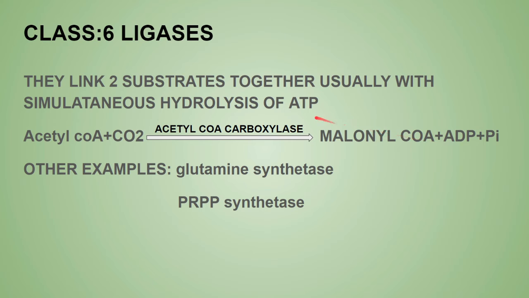We hydrolyze 1 ATP here, and with that energy the acetyl-CoA is converted into malonyl-CoA. Other examples are glutamine synthetase and PRPP synthetase. So just remember, in the ligase, acetyl-CoA and CO2 are ligated by the acetyl-CoA carboxylase enzyme. So these were the 6 classes of classification of enzymes.